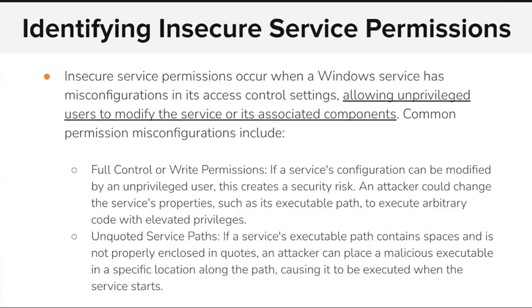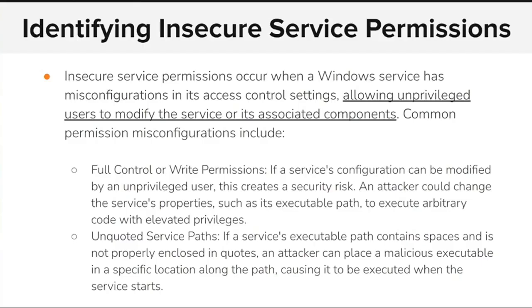Let's assume we have a program that runs as a service in the background, and it was installed by the administrator user, which means it runs under the privileges of the administrator user. But for some reason it was misconfigured, or it has insecure service permissions, allowing standard users to modify various aspects of the service itself, for example the actual path to the service executable.